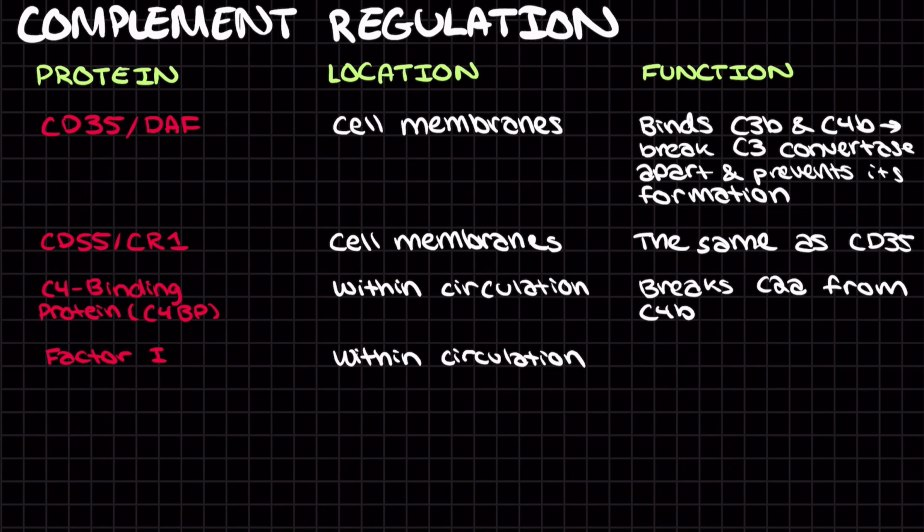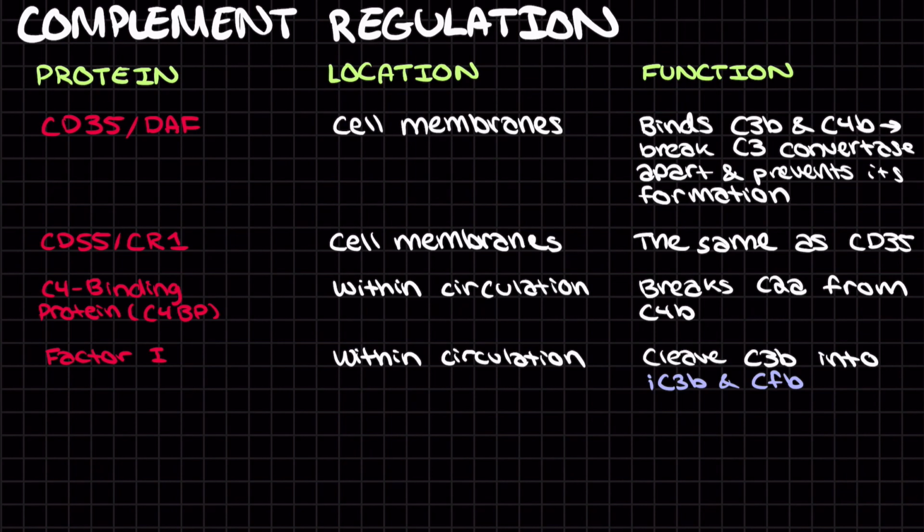Factor I can cleave C3b into what is known as iC3b. And we have another product which is known as C3f. And iC3b cannot form a C3 convertase. It is entirely non-functional in the context of making a C3 convertase. It has other functions which we'll discuss later, but iC3b will never be able to go through the alternative pathway to make a C3 convertase.